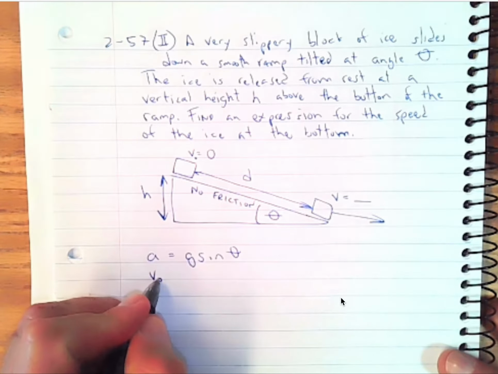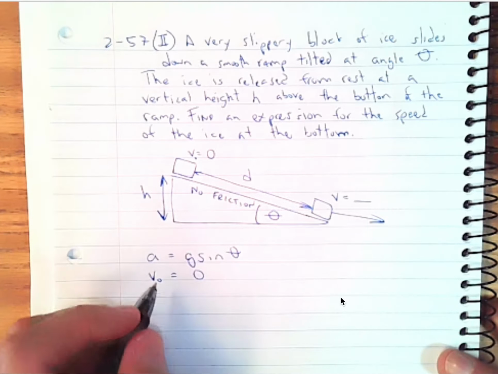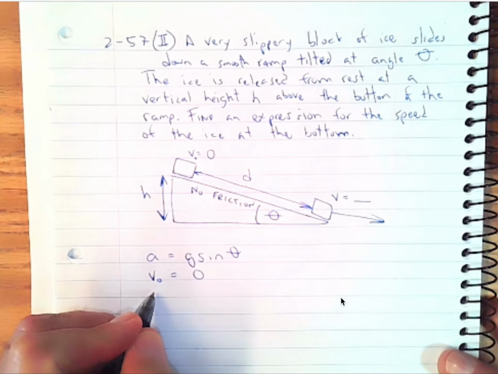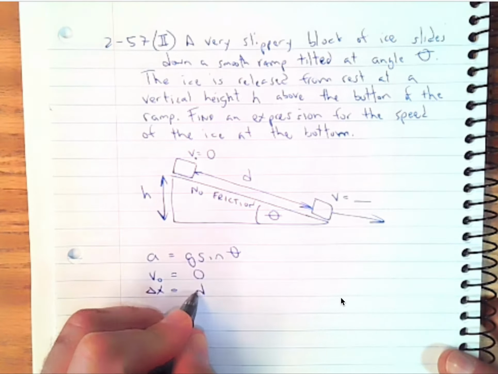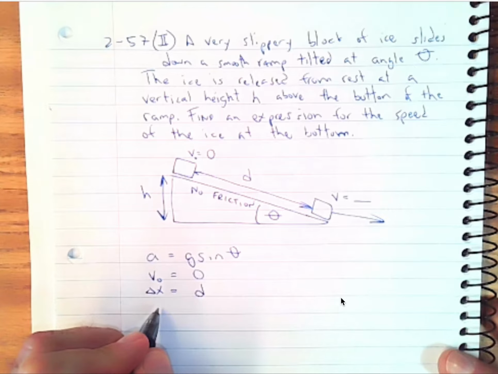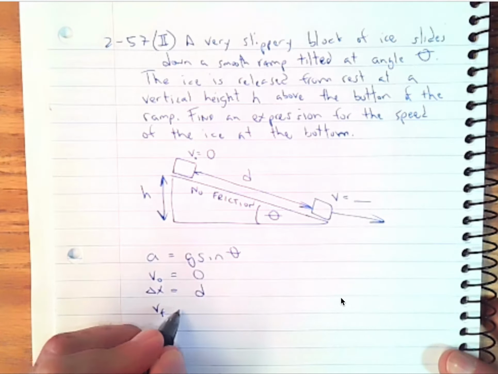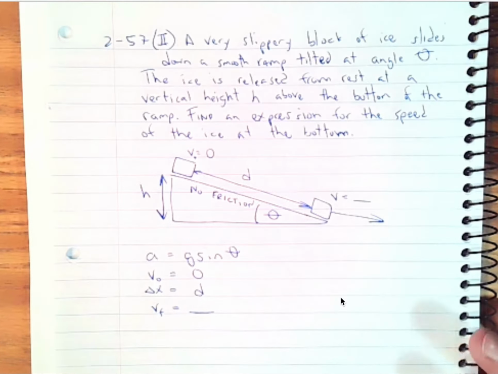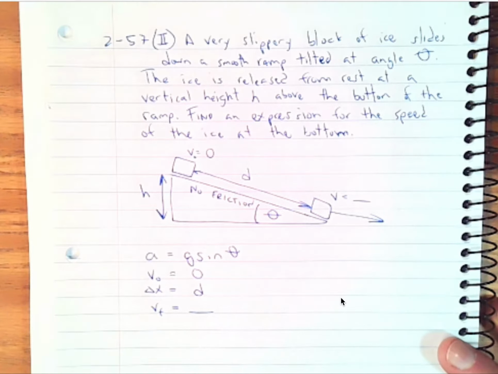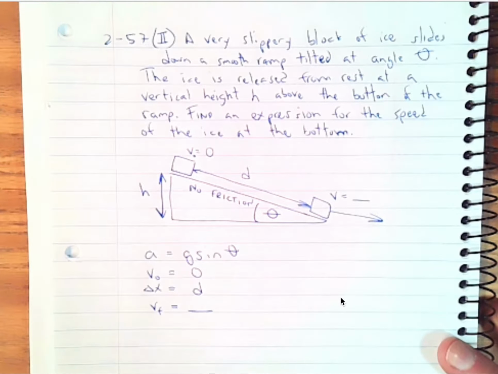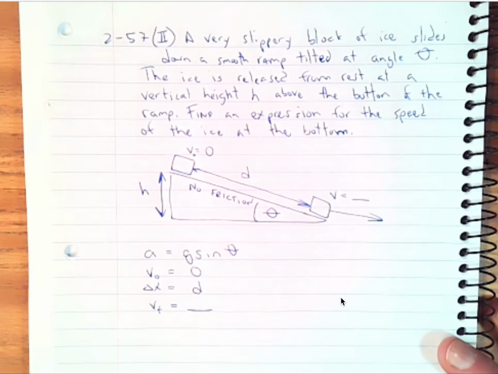We know V naught is 0. We know that delta x is d, and we want to find V final. Now, let's see if we have an equation that will help us with this.